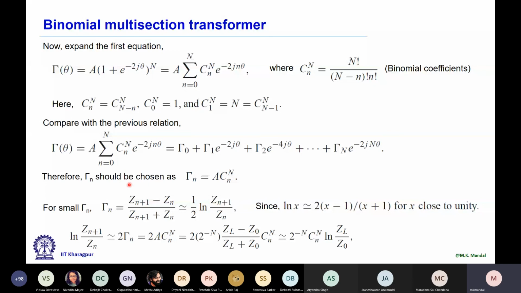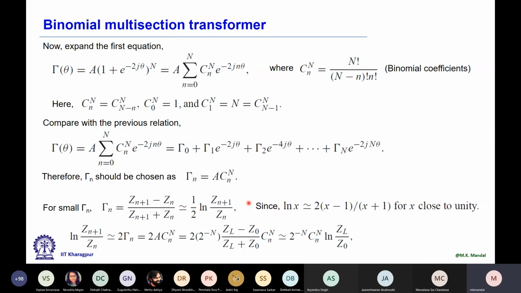Now for small gamma n, we can represent this term by a logarithmic relationship. You know this relationship: ln of x, the log to base e, is nearly equal to 2 into x minus 1 by x plus 1, when x is close to unity, or the difference x minus 1 goes to 0.